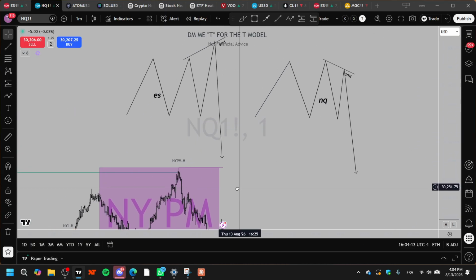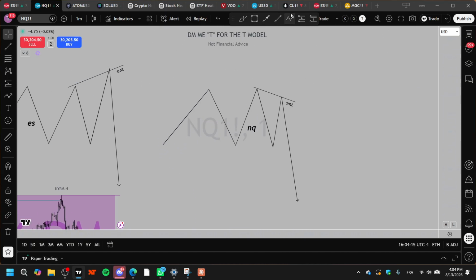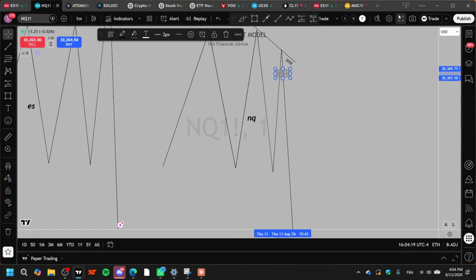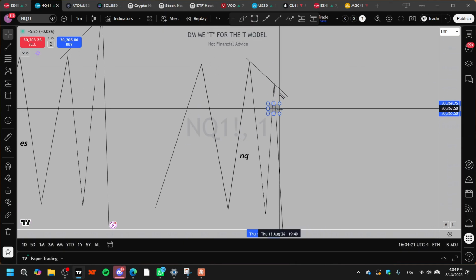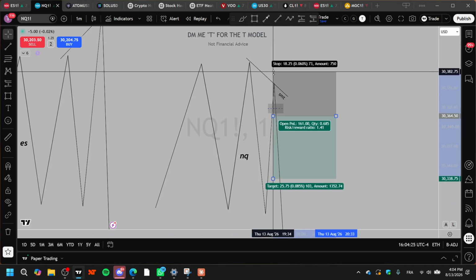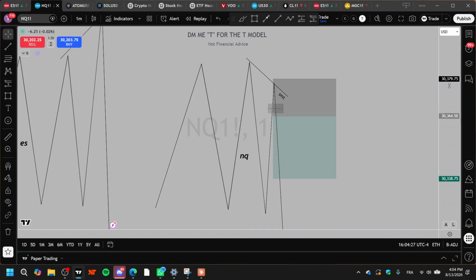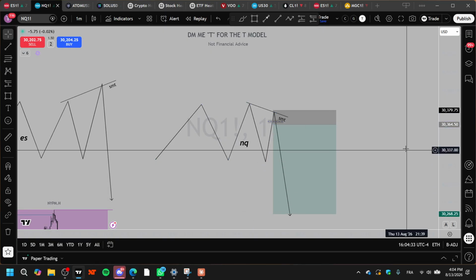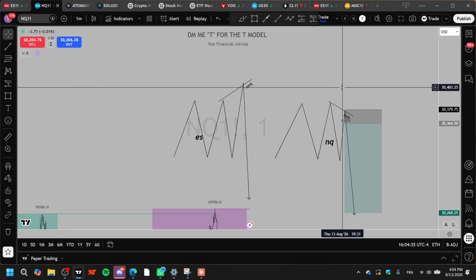Now, how to utilize SMT? Well, fairly simple. You're going to have a fair value gap right here, most likely a bullish fair value gap that's going to be printed. And then on the close, you're going to take a short on the inversion fair value gap, which we did have a class about a couple weeks ago. So next week there's going to be no class, by the way. And then boom, you take the trade right here. That's all there is about an SMT.